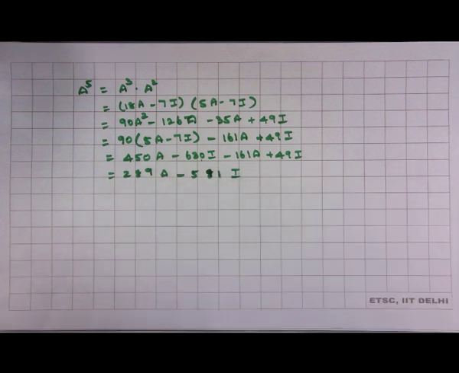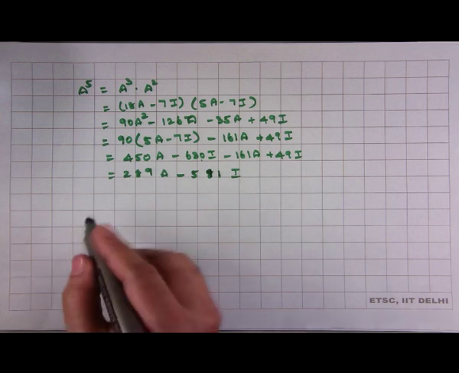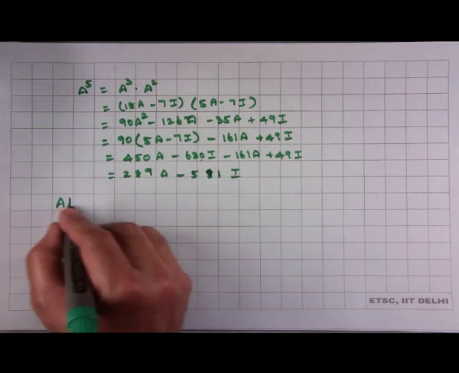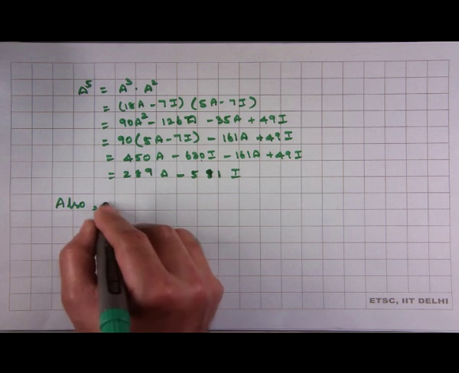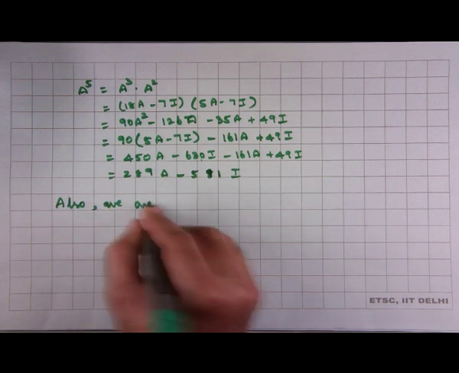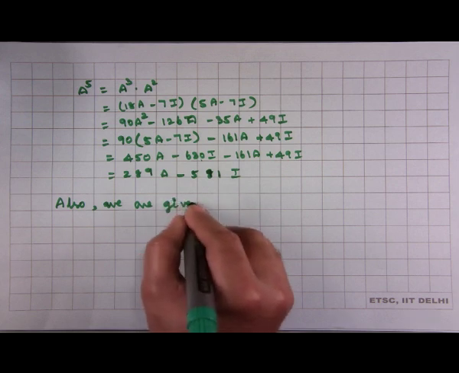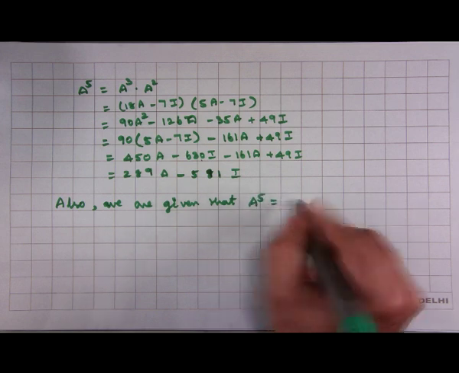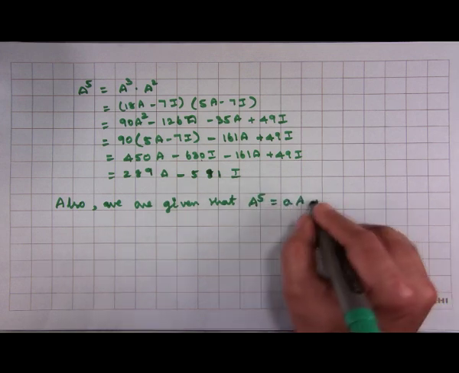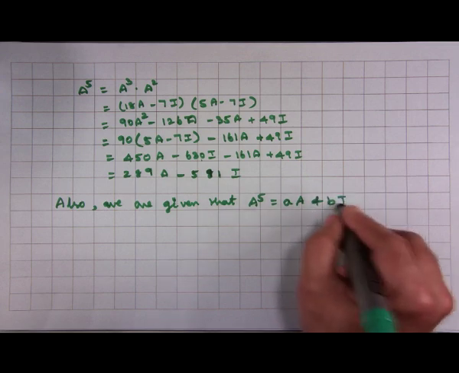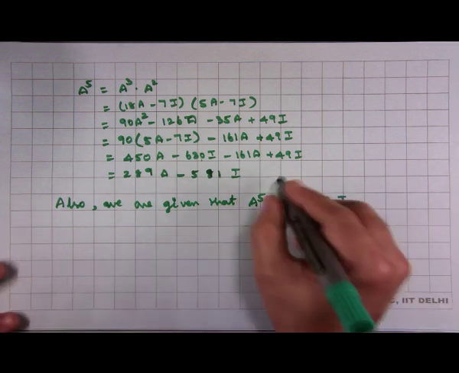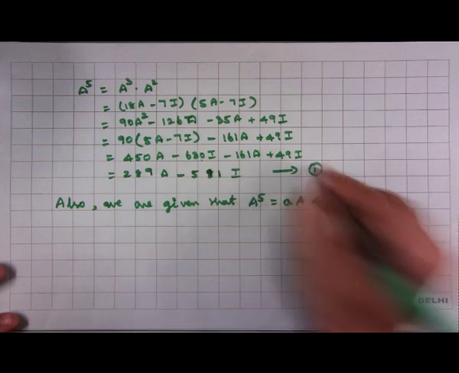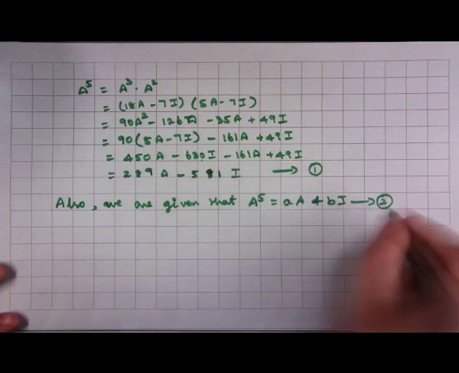But on the other hand, we are given that A to the power 5 is small a times capital A plus b times identity. Let me call this 1 and let me call this 2.